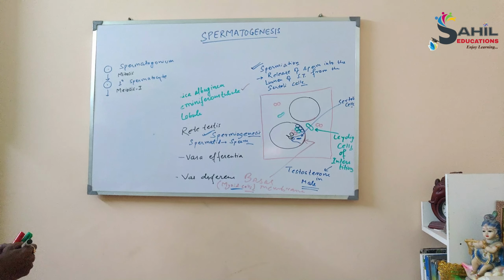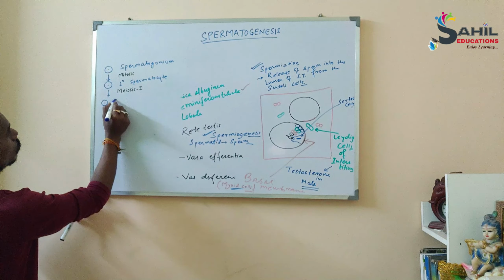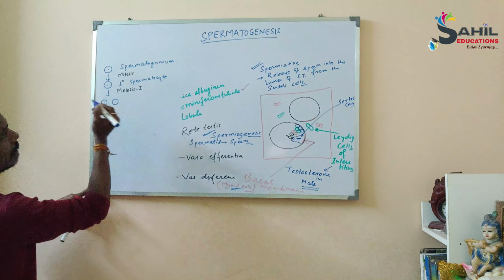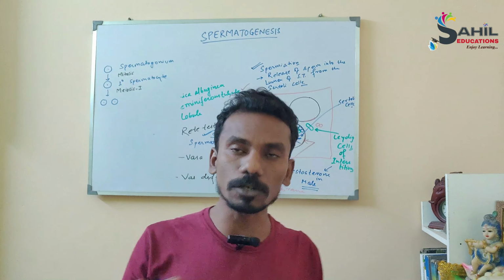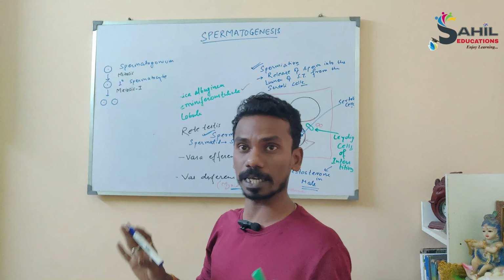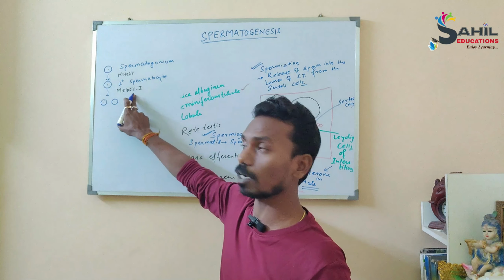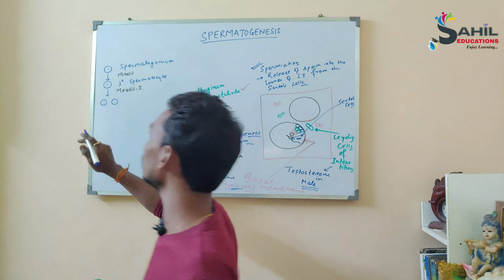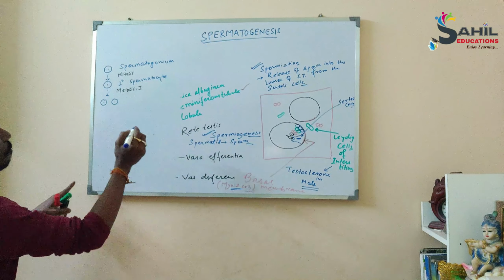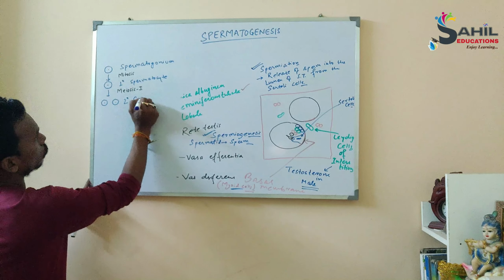After meiosis 1, you will get 2 cells, and those cells are equal in size, equal in surface volume ratio, equal in every aspect. Primary spermatocyte undergoes meiosis 1 and produces 2 cells of equal size, and those cells are known as secondary spermatocytes.